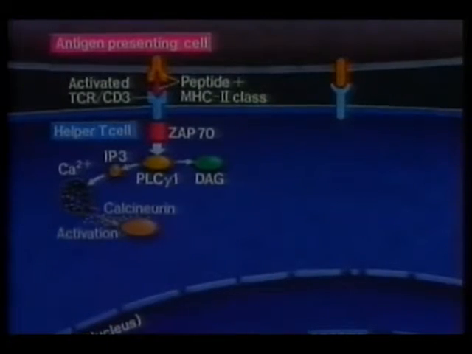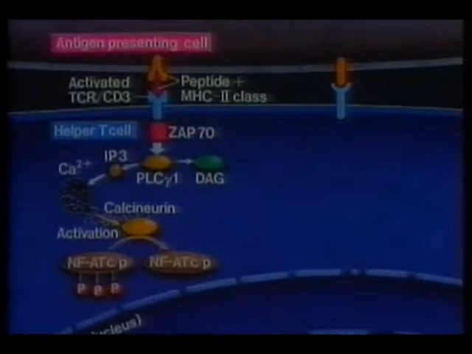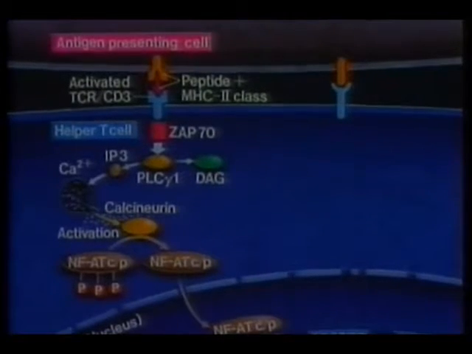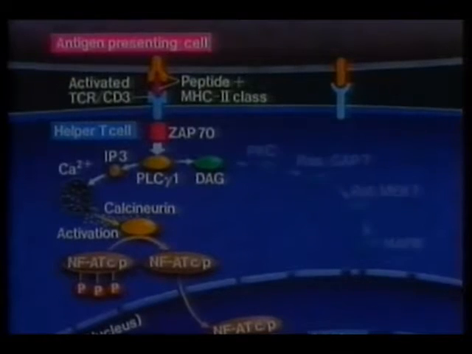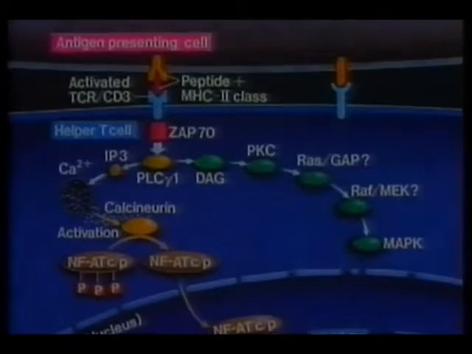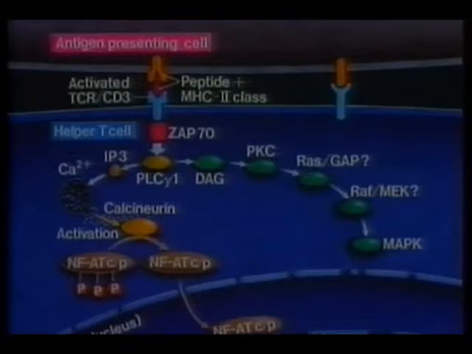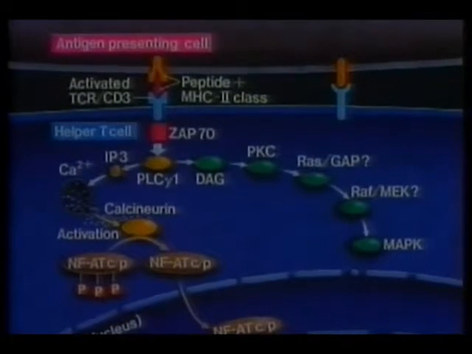Calcineurin is an important enzyme in the dephosphorylation of phosphorylated NFATcp, and by this process, dephosphorylated NFATcp enters into the nucleus. With the activation of PLC-gamma-1, the DAG, which is produced then, in turn activates the series of the enzyme groups called PKC, RAS, RAF, and MAP kinase. Through this process, in the end, Jun and Fos proteins accumulate in the nucleus.